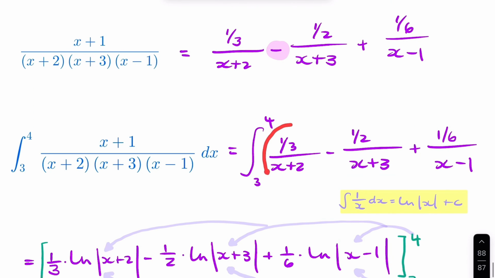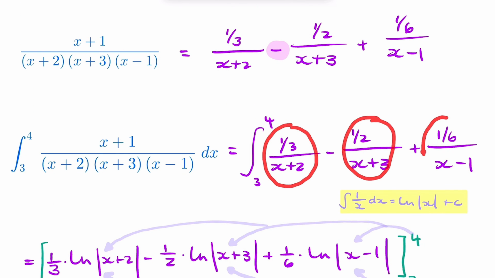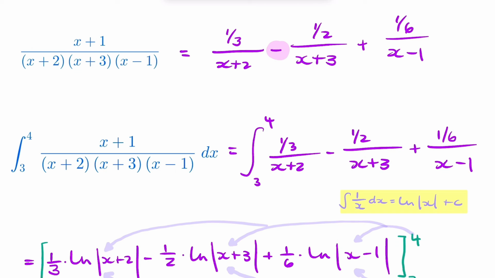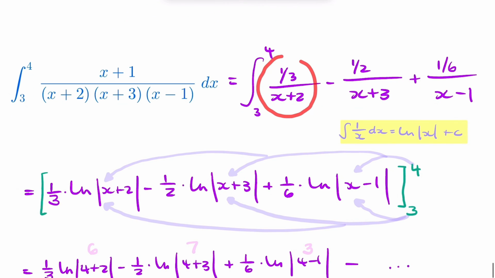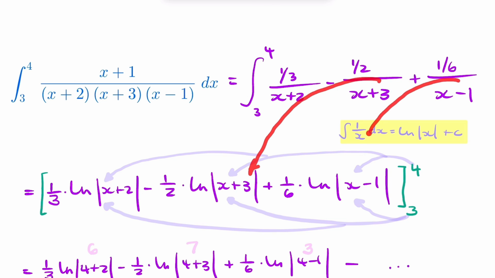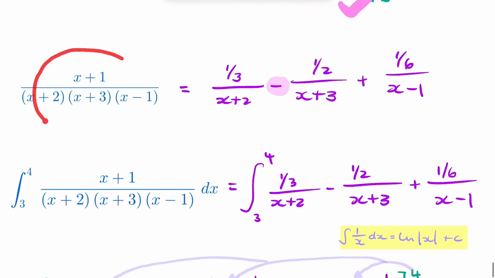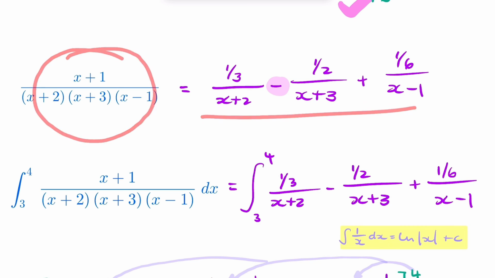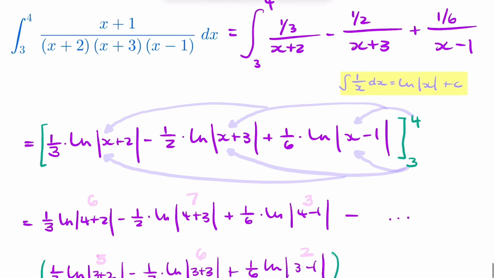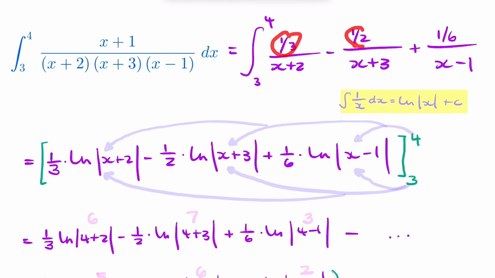So the partial fractions has made it easier for us to integrate, because each of these will give me a natural log. Each of these is a ln. So the trick was to separate this into 3 fractions and then use these constants here. These are the coefficients here.